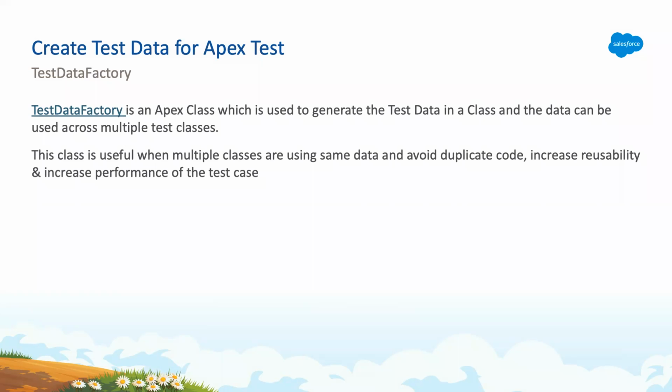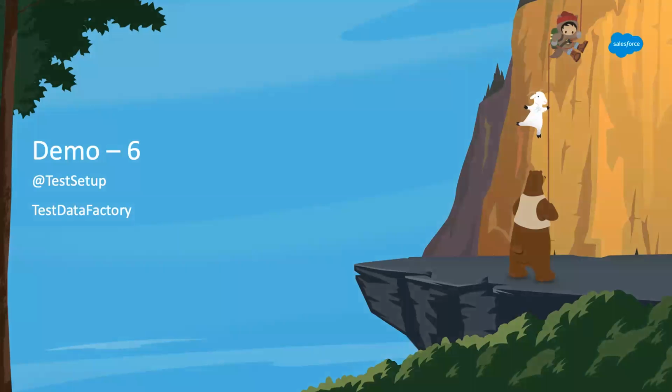So it will help us to reduce duplicate code, as well as increase the reusability and the performance of test classes. So let's go into the demo. Let's set up a test data factory.